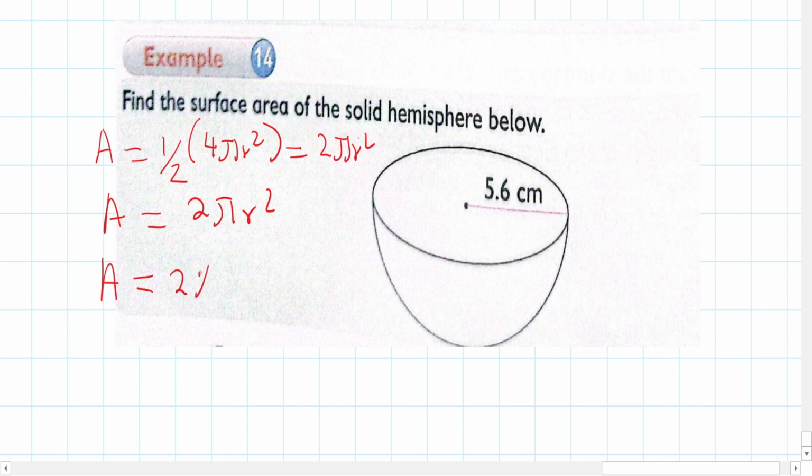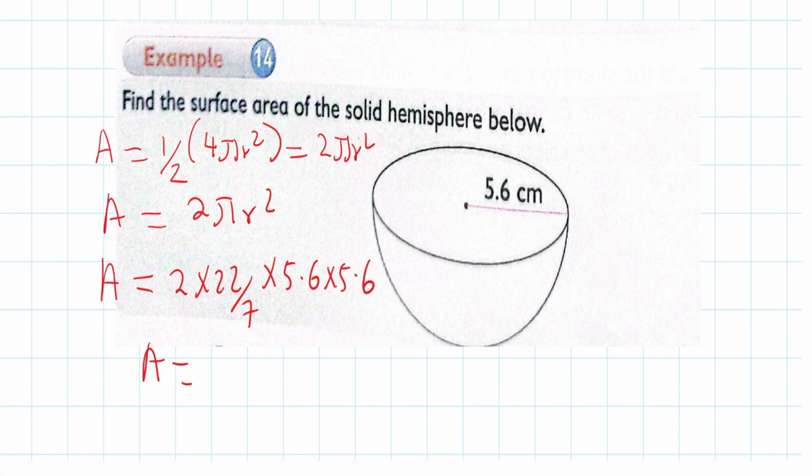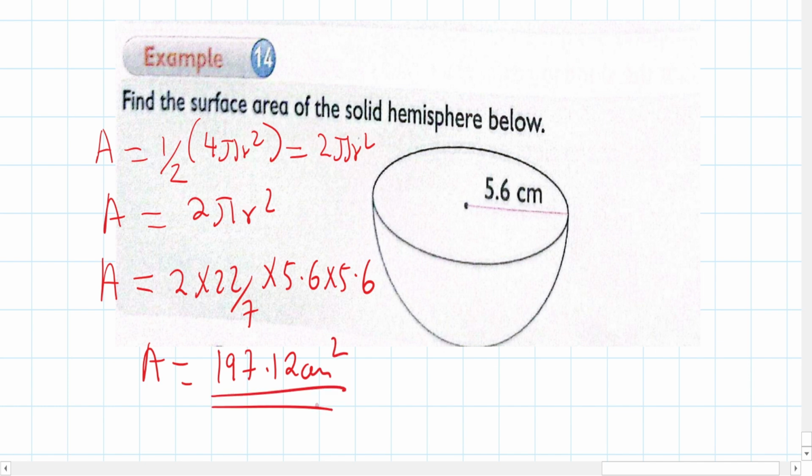So 2 times 22/7 times r squared, 5.6 squared. Let's see how much it gives you. 2 times 22/7 times 5.6 squared gives you 197.12 centimeters squared. But we can also use the normal pi.